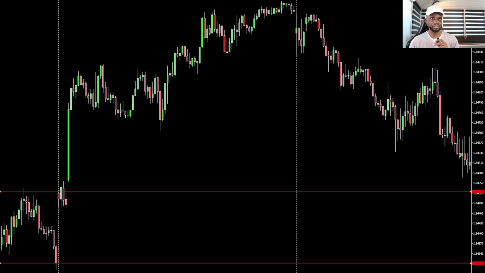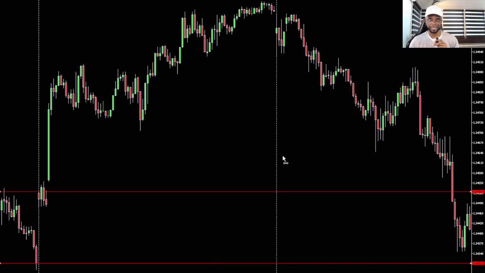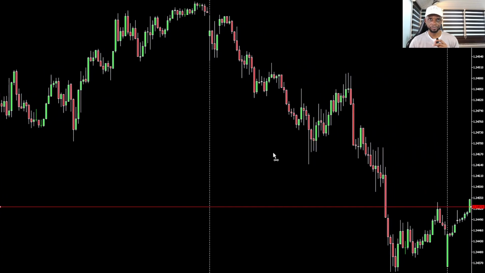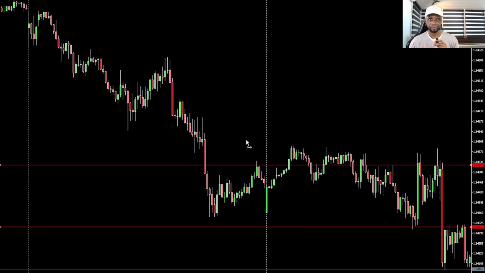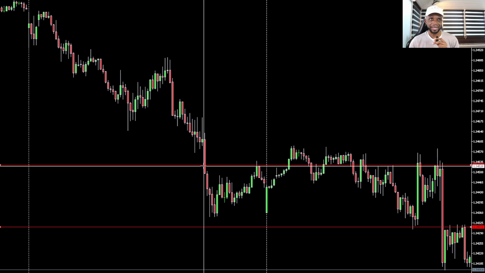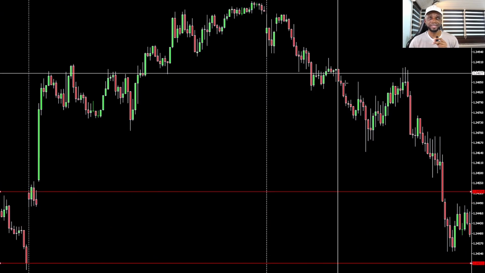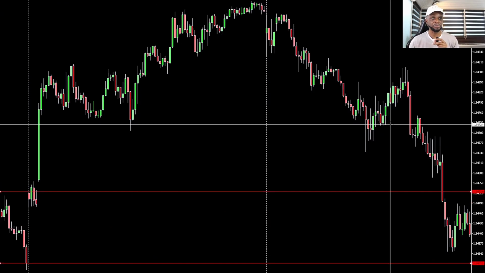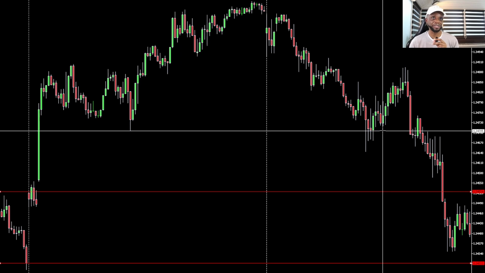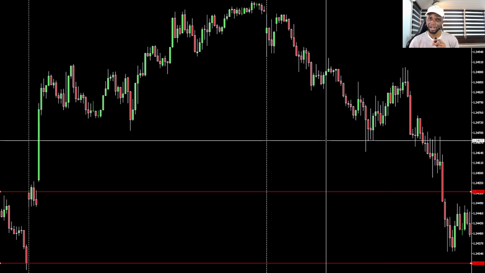Okay, let's crunch this up. Can you see this is the beginning of the gap? This is the end of the gap. Let's see what price did. Can you see? It broke the gap. So after doing all this, acting like, oh, I don't like you, gap, I'm not going to come near you, what happened?